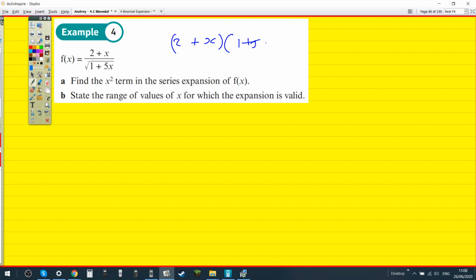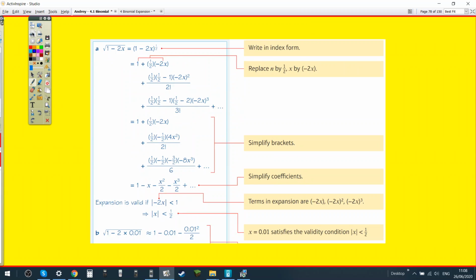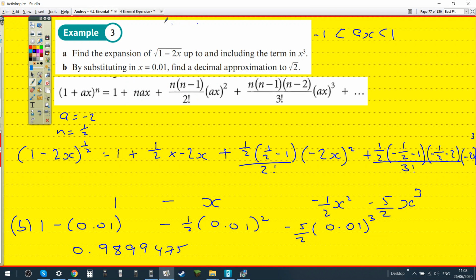Minus a half. And so just to save some time, let me just go back. I'm going to change this to be 2 plus x over that, which is the same as what you just said, 2 plus x times, in this case, 1 minus 2x to the power of minus a half.